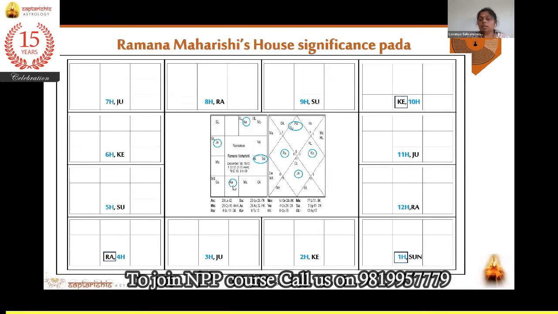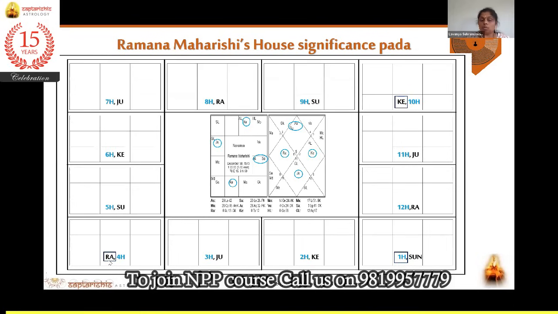Same way, the Mokshatrikon, which is 4, 8, and 12, will have Rahu's influence. See, 1st house is here. So 4th house has Rahu, 8th house has Rahu, and 12th house has Rahu. Here in his chart, this box shows the natal placement.